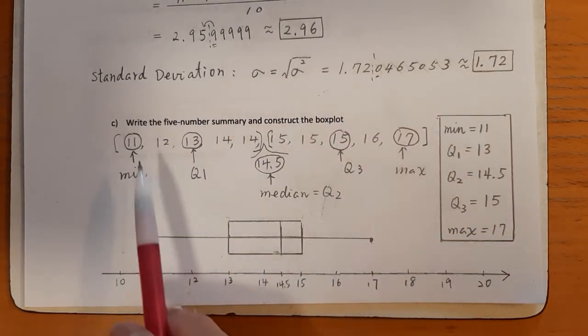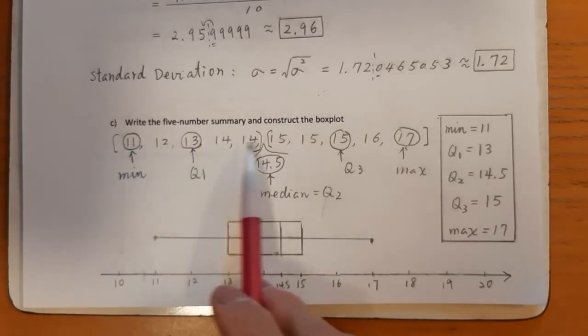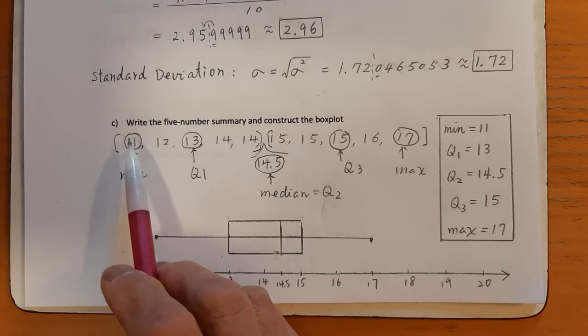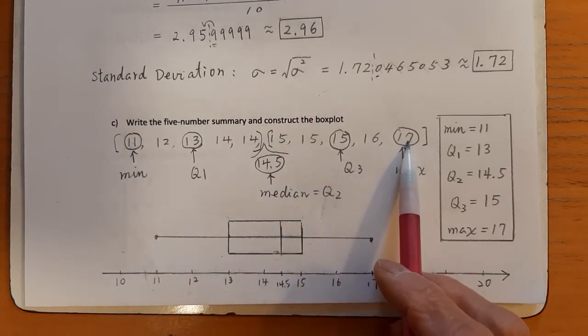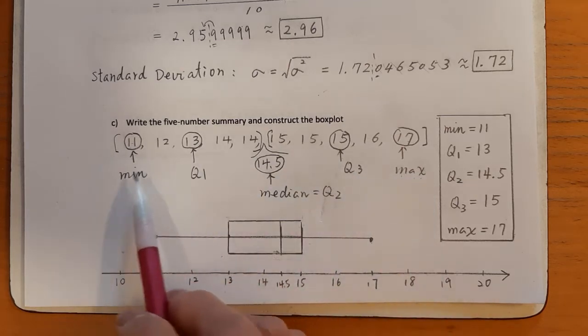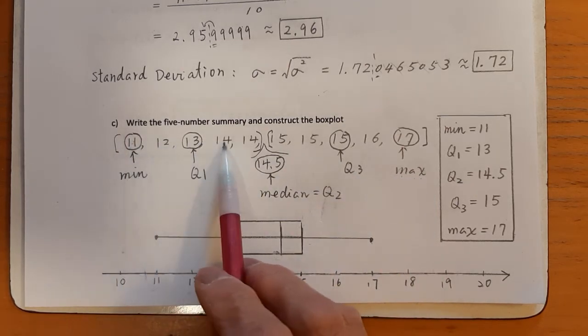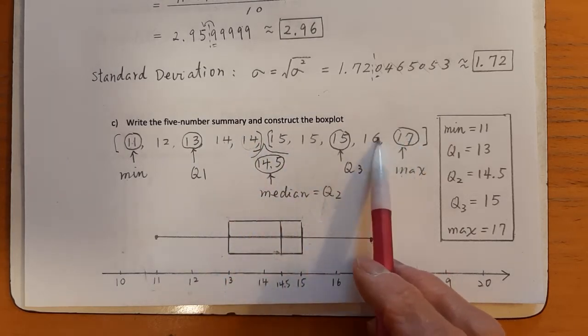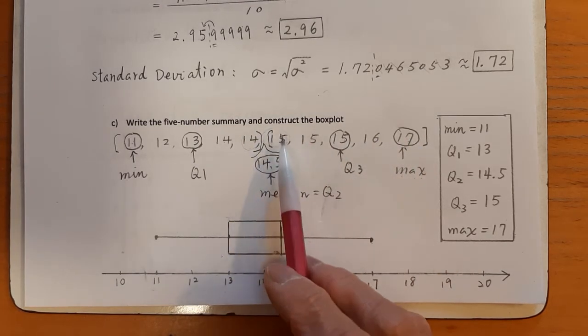For the 5-number summary, put the 10 numbers in increasing order. The smallest one is the minimum. The largest one is 17, the maximum. And for the median, count 1, 2, 3, 4, 5 from the left, 14, and from the right, 1, 2, 3, 4, 5, 15. There are two middle numbers.